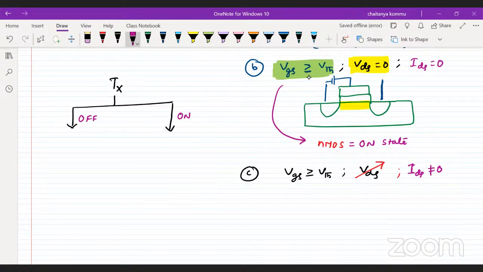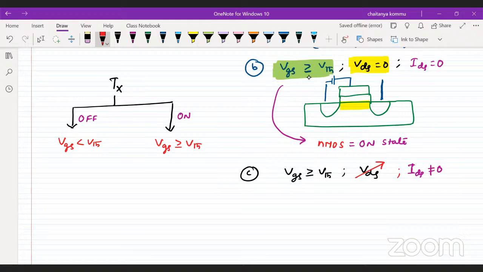That is the first thing that we should notice. When the VGS value is less than the threshold voltage, the transistor is off. Yes, if it is 0, it is of course less than the threshold voltage. If the VGS value is greater than or equal to VTH, then the transistor is said to be on. That is the first point you should notice.